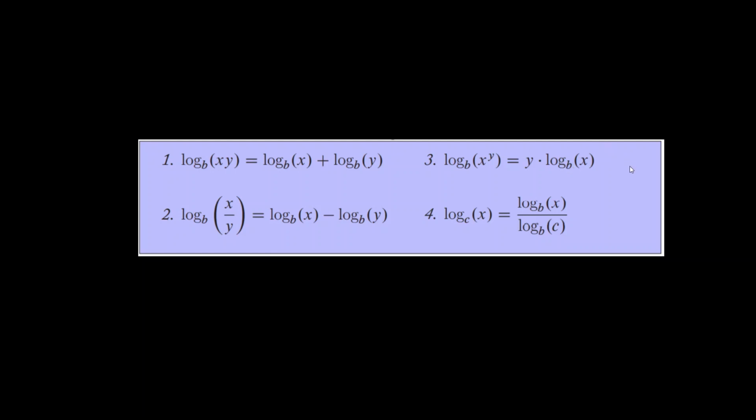Y log b of x. Log c of x is equivalent to log b x over log b c. So, ganyan po yung possible na properties na makikita natin na pwede natin gamitin to manipulate logarithms.